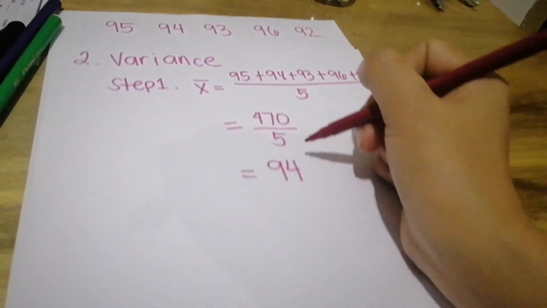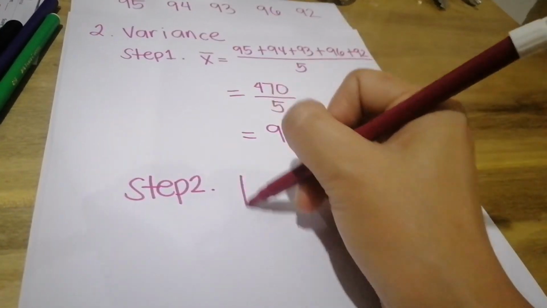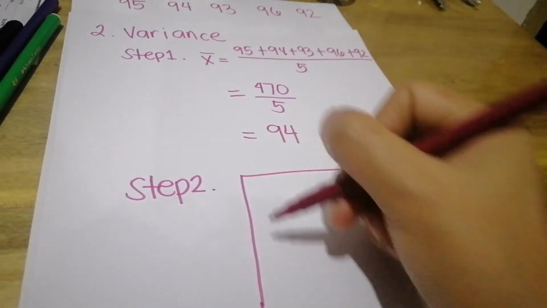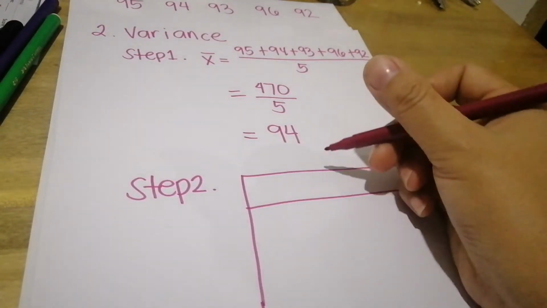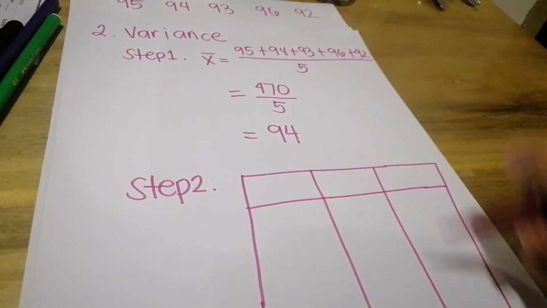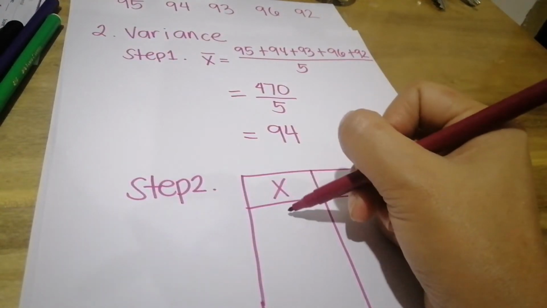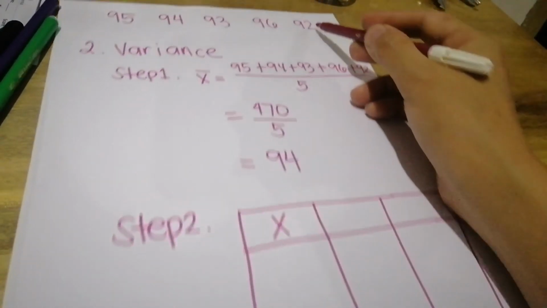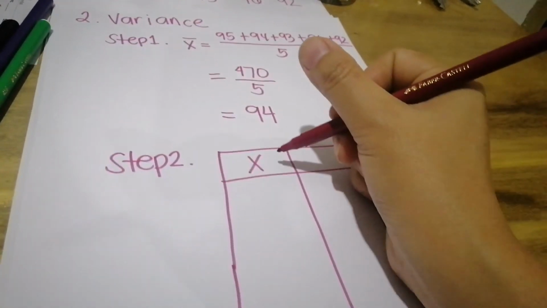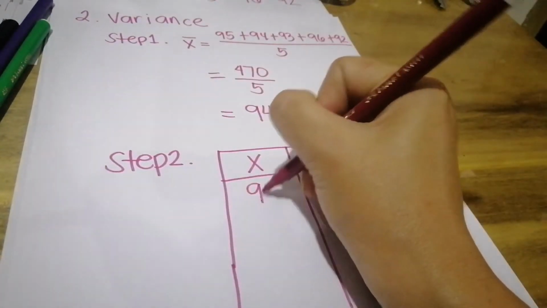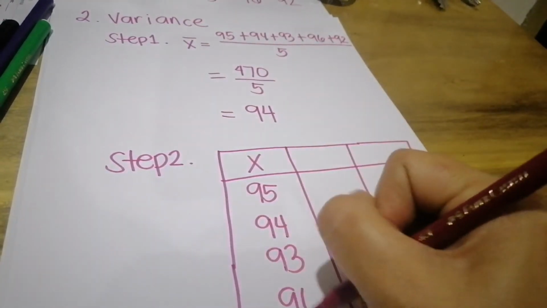Now let's proceed to step 2. For step 2, we are going to make a table with 3 columns. In the first column, we will write X, and then we will put here the elements in the data set. Here in this column are the numbers 95, 94, 93, 96, and 92.